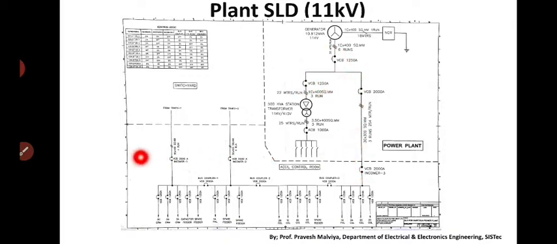So these are the 3 incomers. If we come a little down, these are the 3 incomers for this common line, and then this power was distributed in different sections.